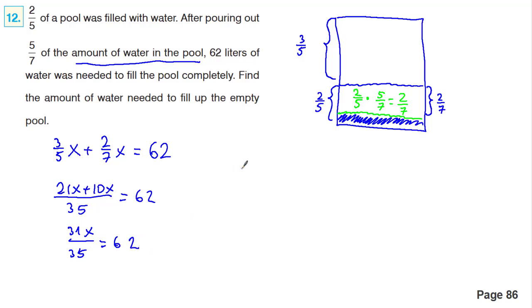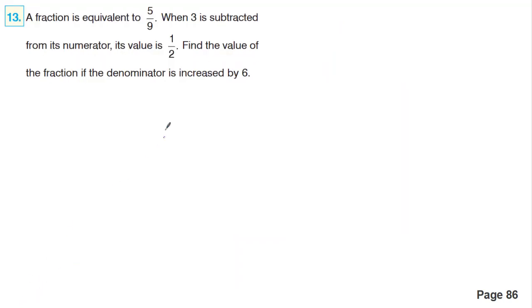Now that leaves us with x is 62 times 35 over 31. I think we can cancel here by 2 and you get 2 here. So 2 times 35 gives us x is 70. So there are 70 liters in total. So the capacity is 70 liters.